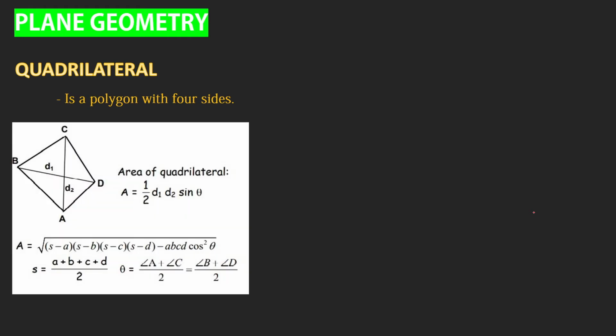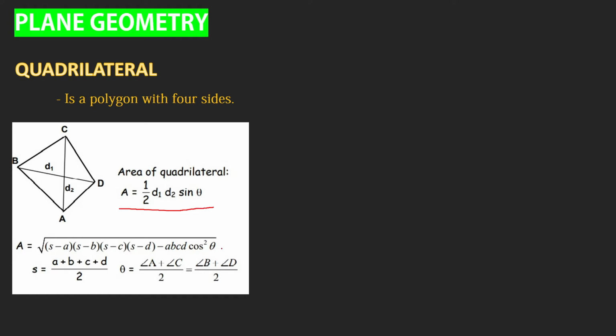Ang formula po ng ating quadrilateral is 1/2 d1 times d2 sin theta, where theta is the sum po ng dalawang opposite angles divided by 2. Pwedeng a plus c divided by 2 or b plus d divided by 2. Then yung s is the semi-perimeter ulit. Ito yung formula. Pwede natin gamitin ito depende sa given.